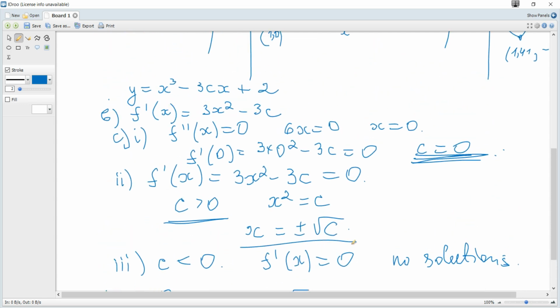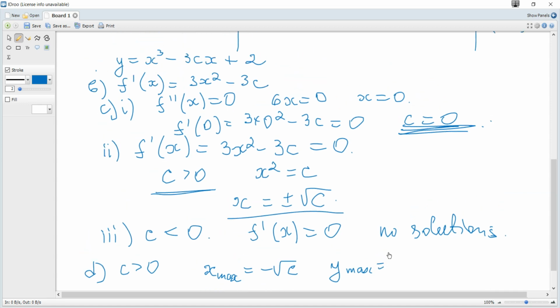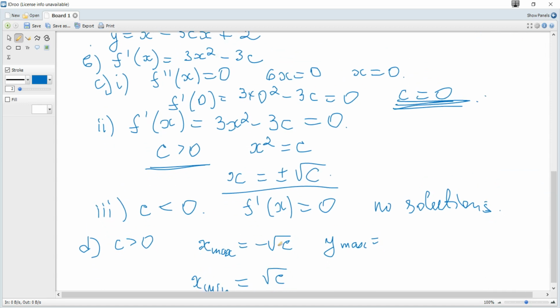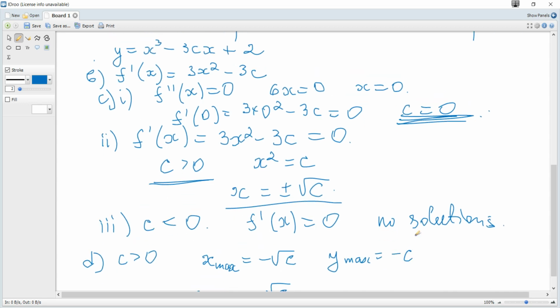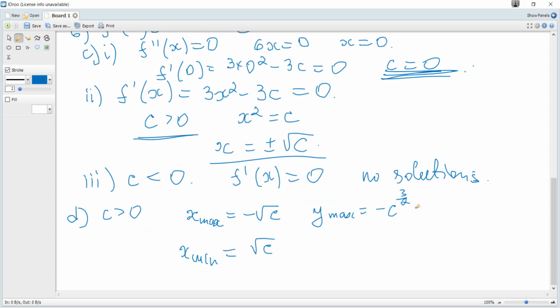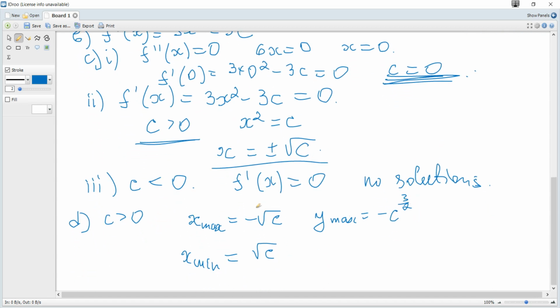Then just substituting the x value into the expression for the function, we calculate that y max is negative c to the power of a half, cubed, so it's negative c to the power 3/2, and negative 3cx, so it becomes plus 3c times c to the power of a half, which is c to the power 3/2, and plus 2.